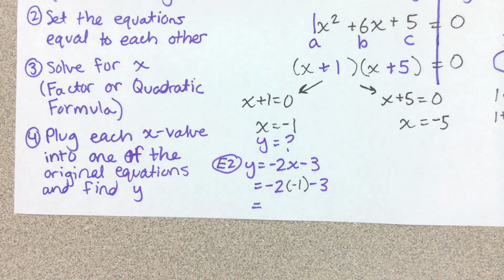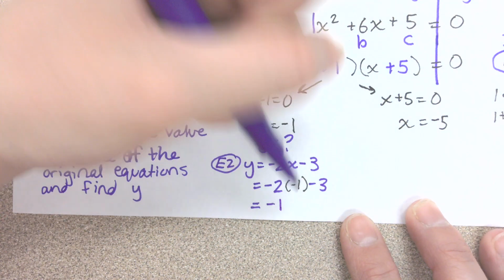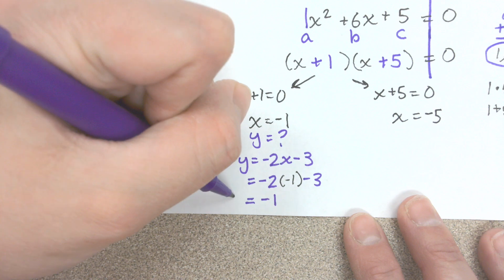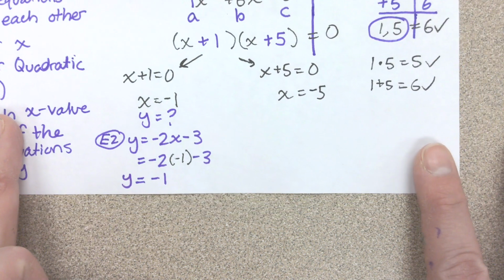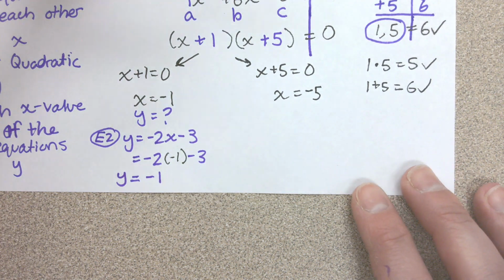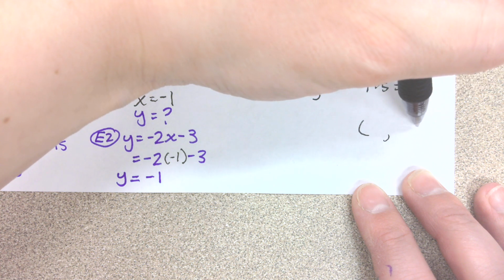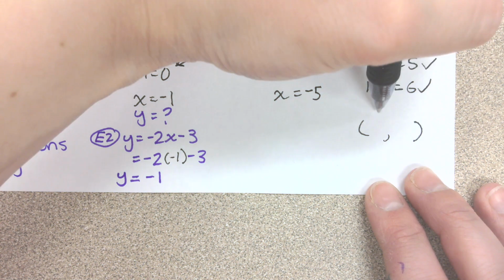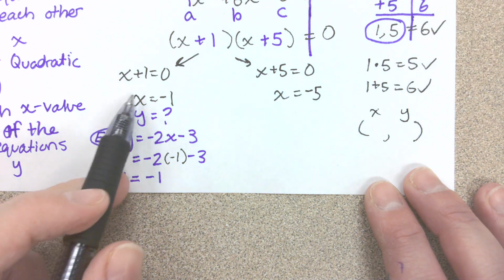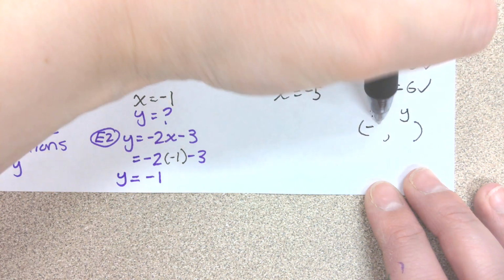And if we were to put that into a calculator, we would get -1 is correct. y is -1. I'll go ahead and write down the first answer over here. Remember, these are points, x, y. x and y in this case are both -1.